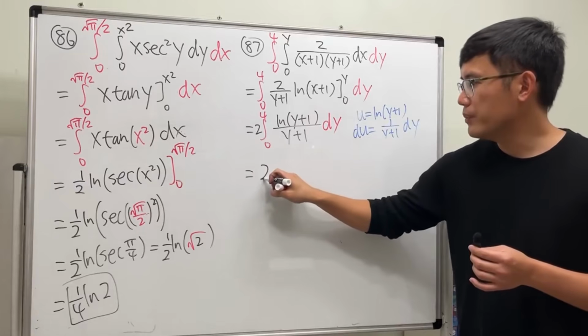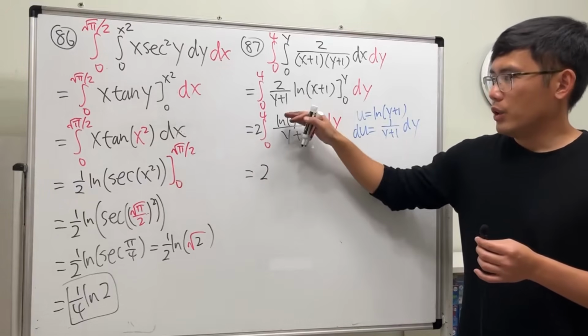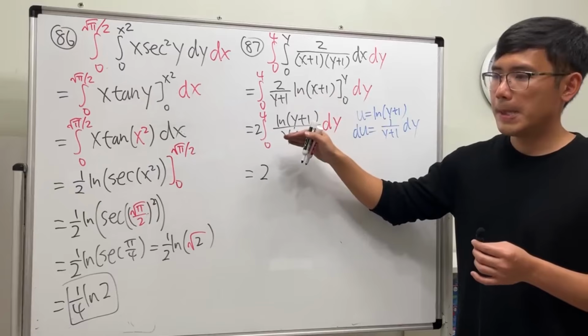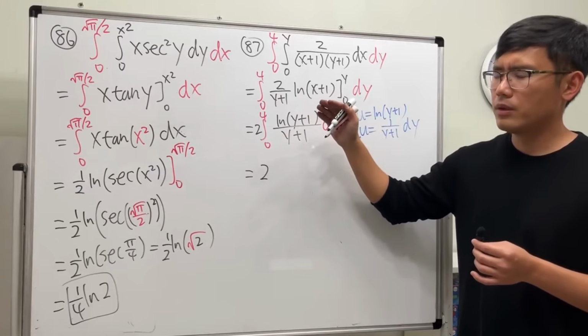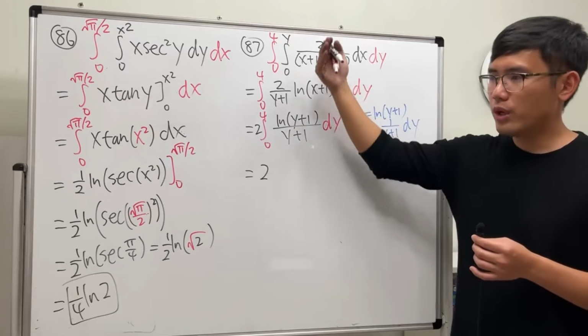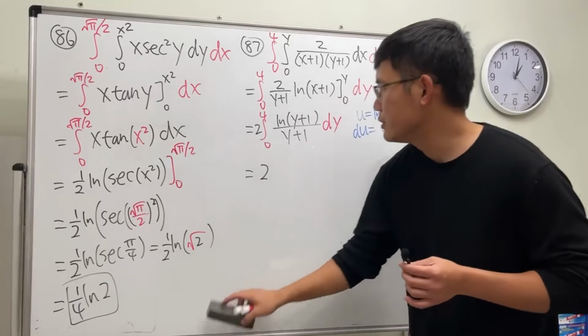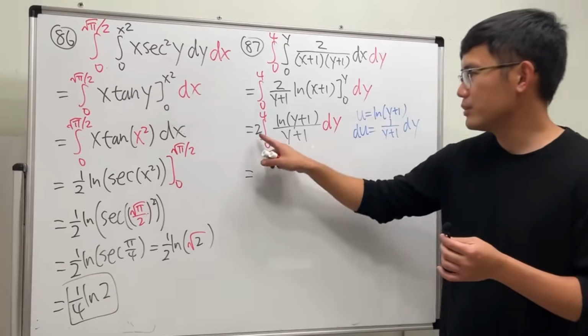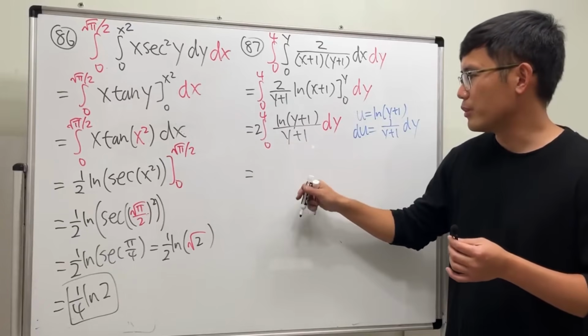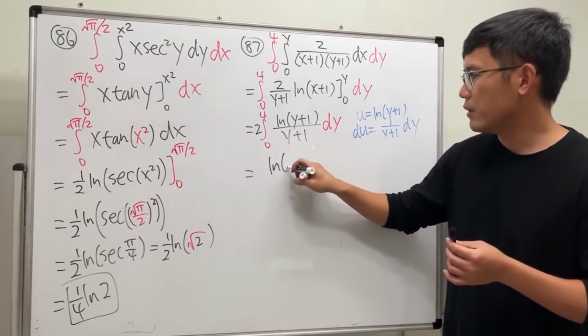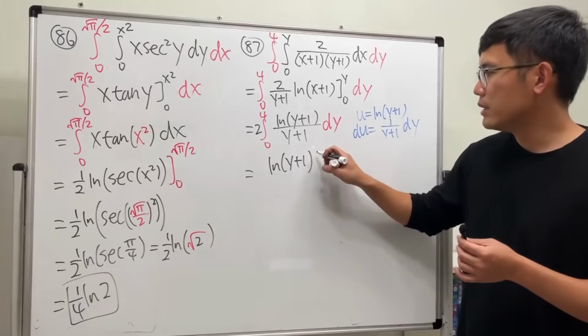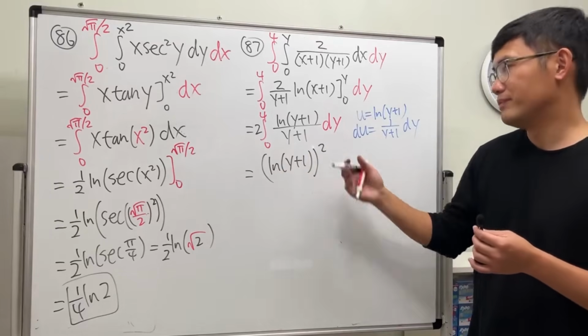So we get the 2, and then integrating u is u squared over 2, right? So the 2 cancel out. Now this 2 is no more. But it's just going to be ln of y plus 1 to the second power.